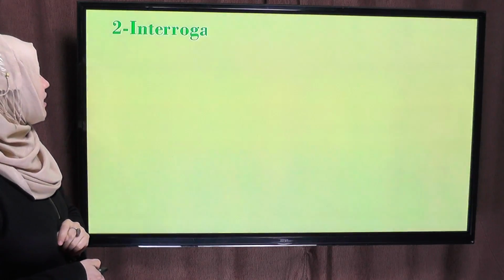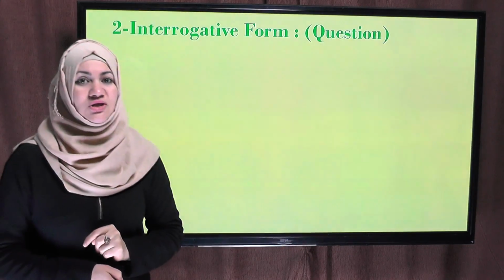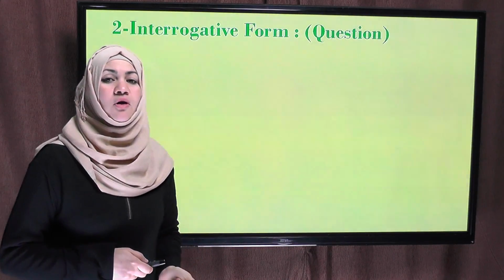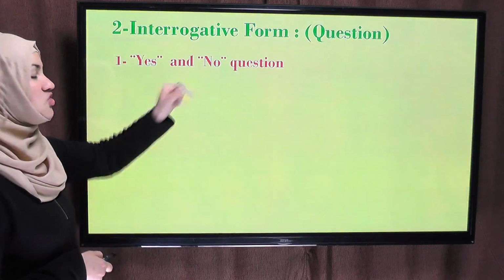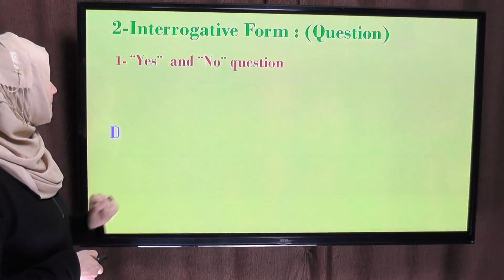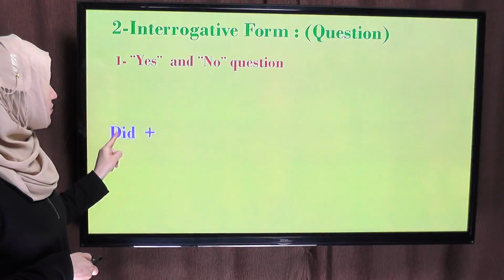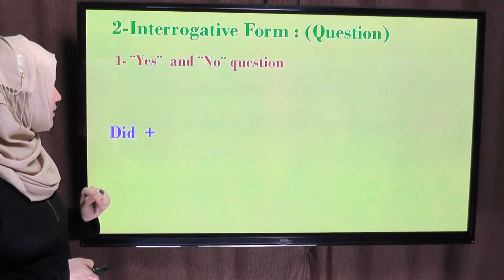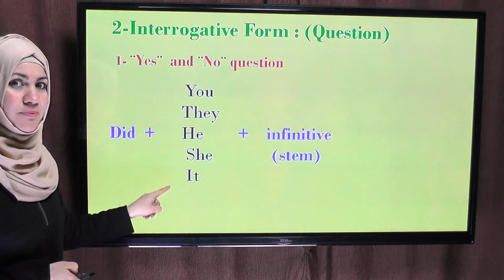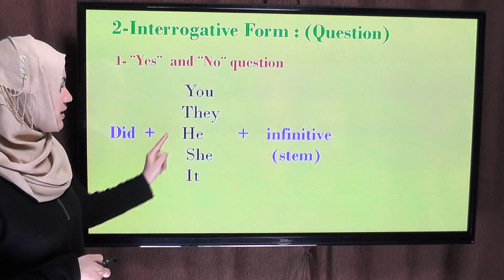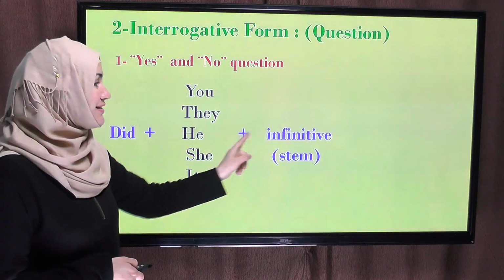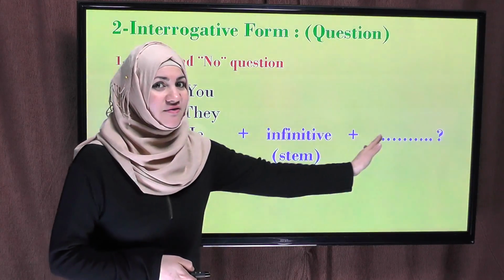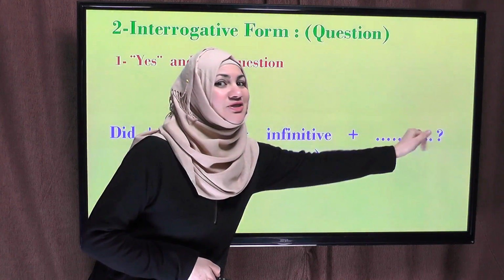Then we have the interrogative form, or question. Concerning questions, we have two forms. The first form is the yes and no question. We always start with did. We use did to ask a question. Did plus the personal pronouns you, they, he, she, it, plus the infinitive or stem, plus the rest of the sentence, and of course a question mark.